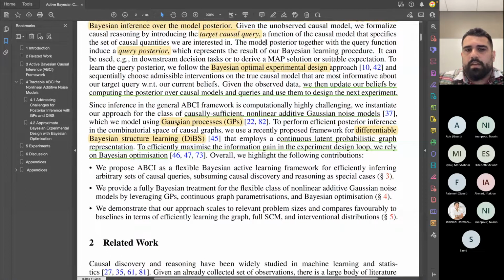They use a causally sufficient nonlinear additive Gaussian noise model, using Gaussian processes. This is one of the main important approaches they take. They instantiate their approach with the class of Gaussian processes, which is nonlinear, with an additive Gaussian noise model.